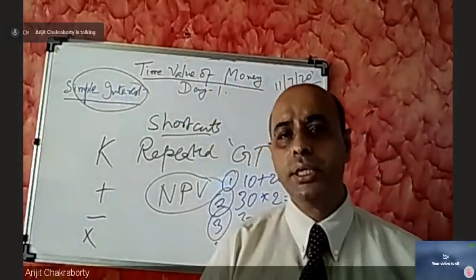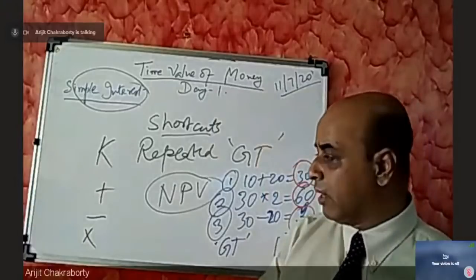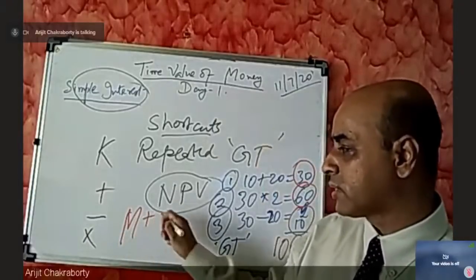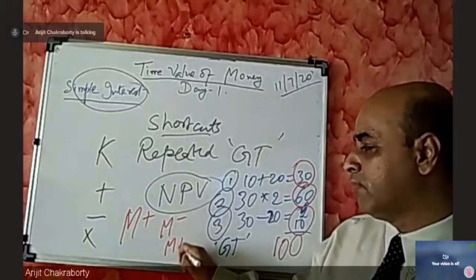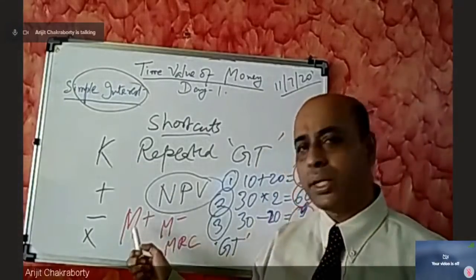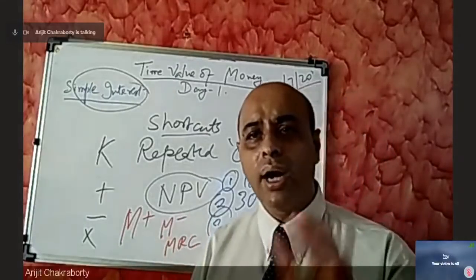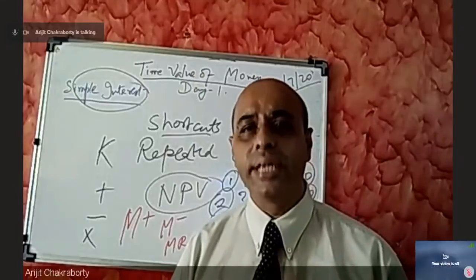The third is the use of memory functions. You know that in case of memory, you have M plus, M minus and MRC. So you have 3 buttons for addition, for subtraction and for recall. MRC stands for memory recall.